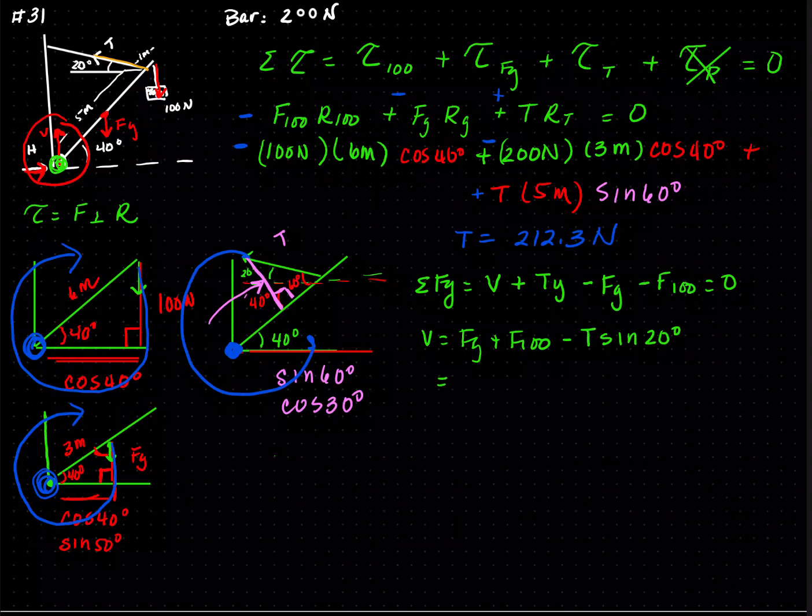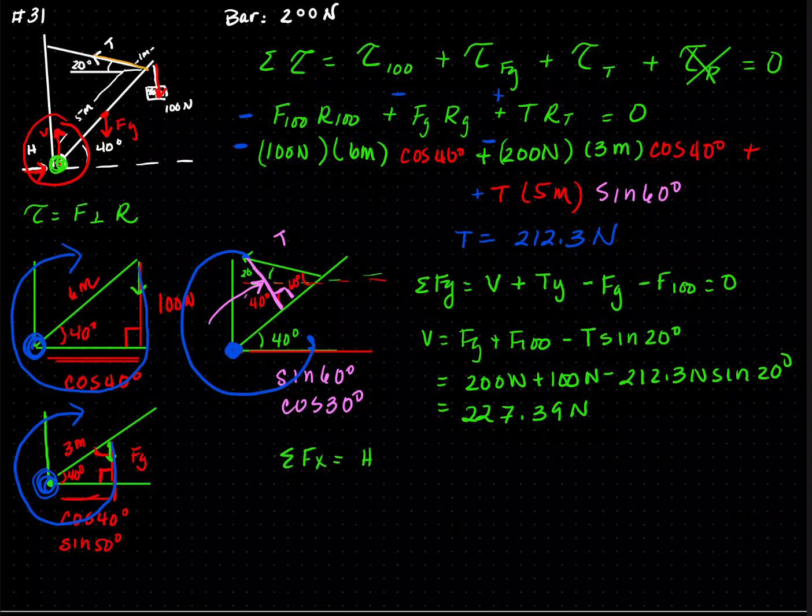If I plug this in, this is going to be 200 newtons plus 100 newtons minus 212.3 newtons sine 20, which equals 227.39 newtons.